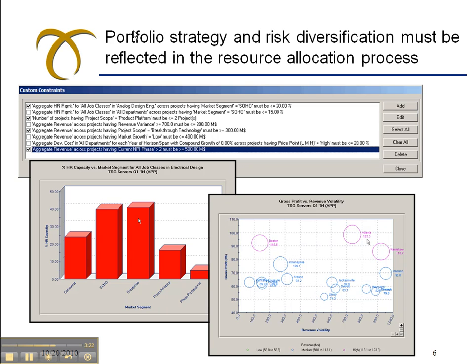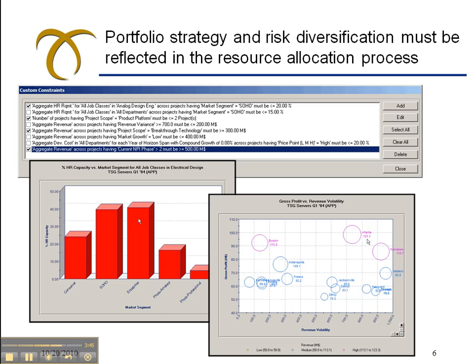In terms of strategy, there's an infinite number of strategies we may want to reflect into our portfolio planning. I'm showing some examples here related to what percent of resources we want to limit being invested in certain market segments, or a limitation on how many platform type investments we would have going on over a given time horizon.